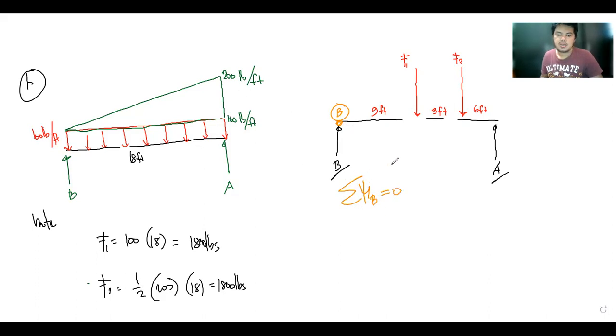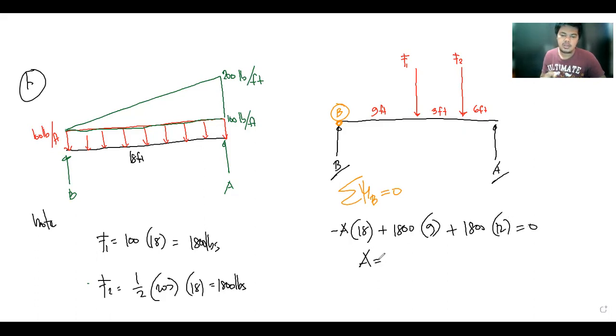F1 and F2 create positive moment, while A creates negative moment. So negative A multiplied by the total length 18, plus F1, 1,800 multiplied by 9, plus F2, 1,800 multiplied by 12, equals 0.